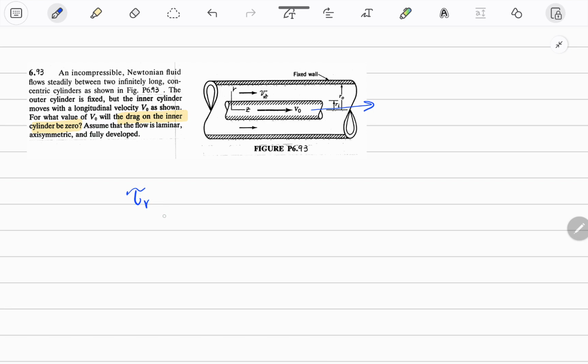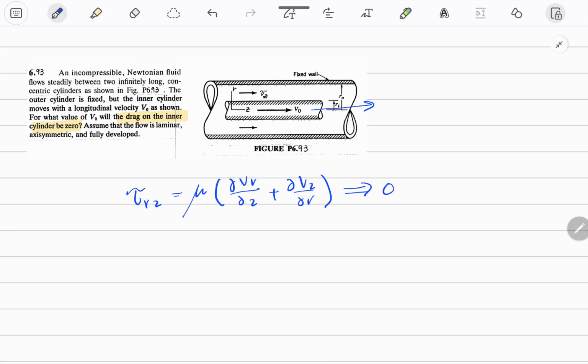Shear on the R face in the Z direction should equal mu, which is a material property, times dVr over dz plus dVz over dr. We're trying to make this go to 0.